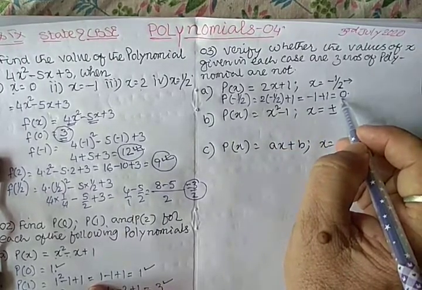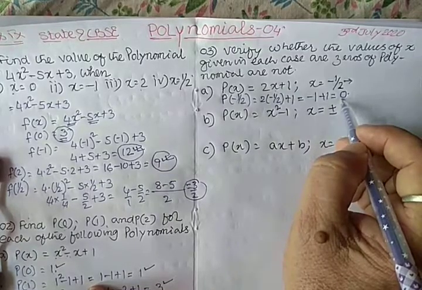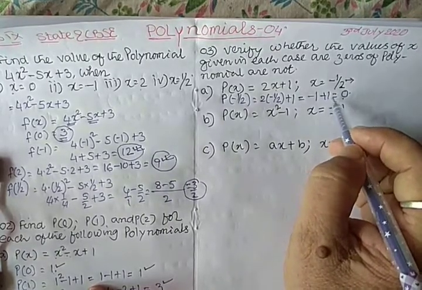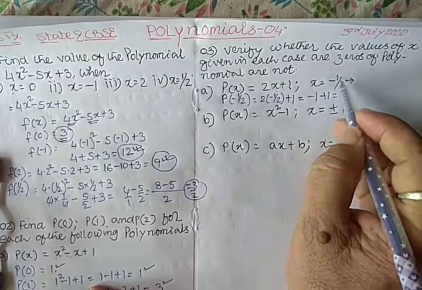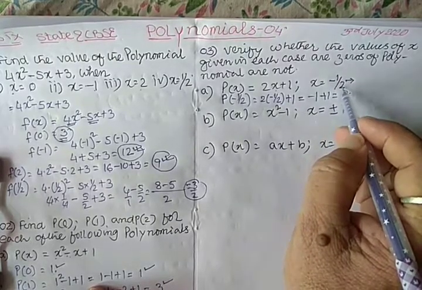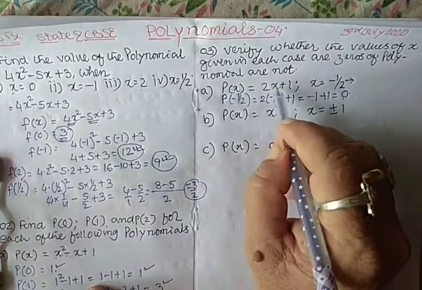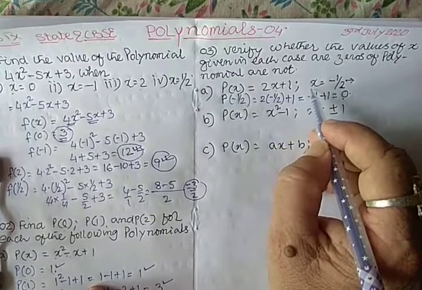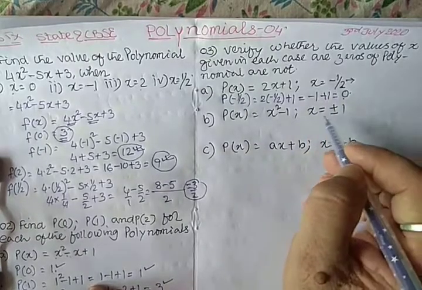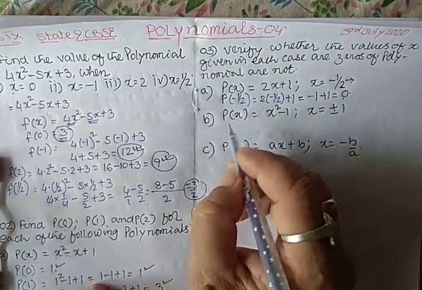So what do we say? We say that at x is equal to minus 1 by 2, the polynomial 2x plus 1 is equal to 0. Clear?